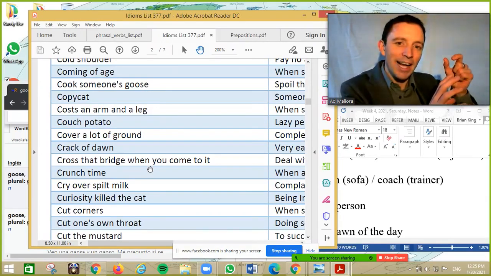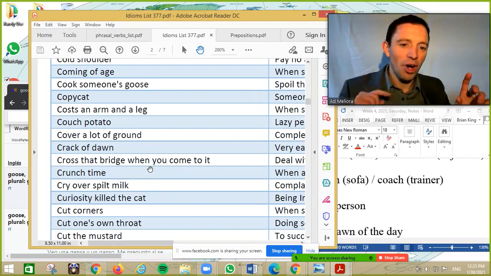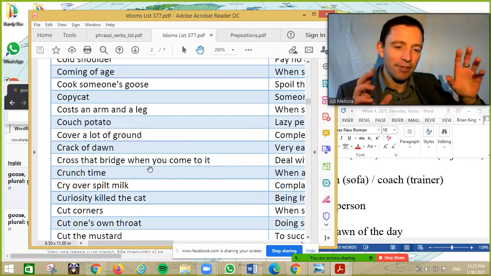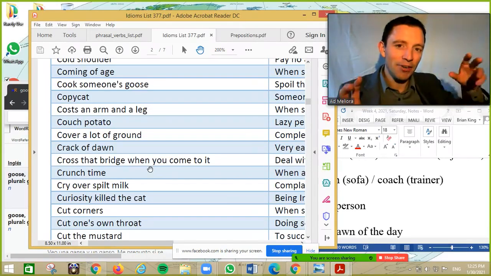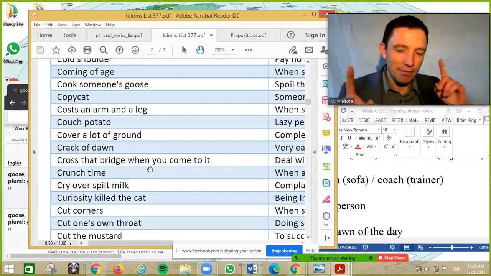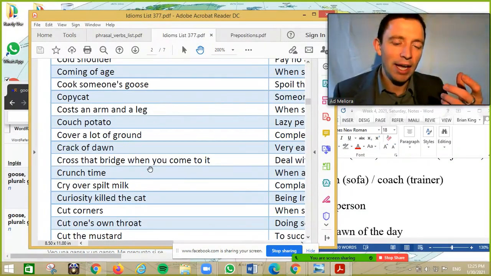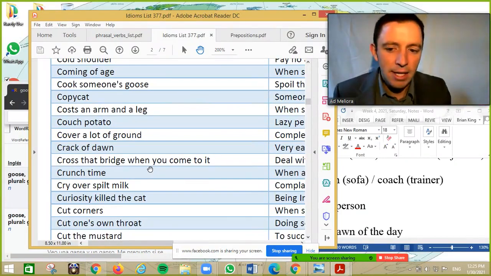The can is como lata, como patear el lata in calle. And that's very similar. So the first expression, cross the bridge when you come to it, very famous. And the other expression is kick the can down the road. A little different, but to kick the can down the road is to poner el problema en el futuro. So a little different, okay? And here is cruzar la puerta cuando estás allí, okay?